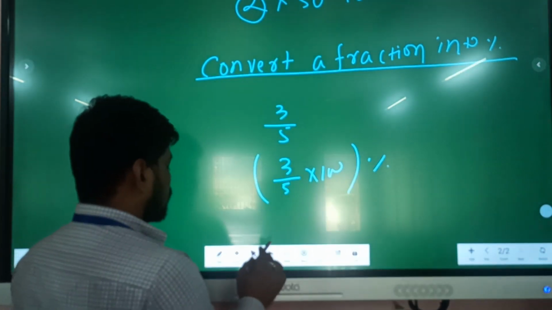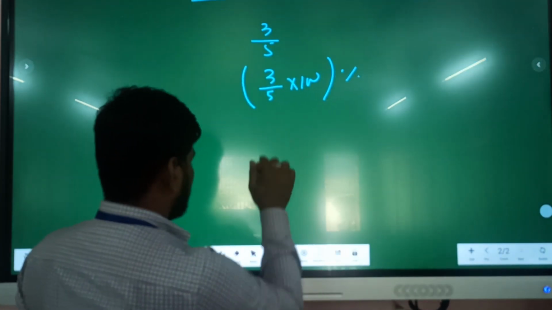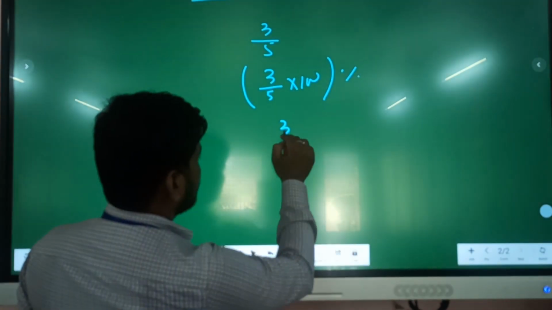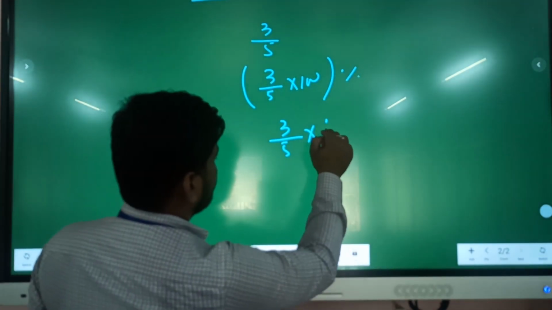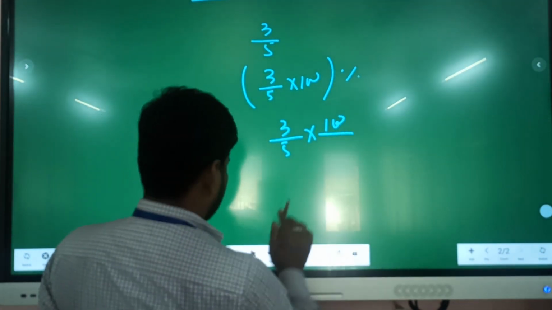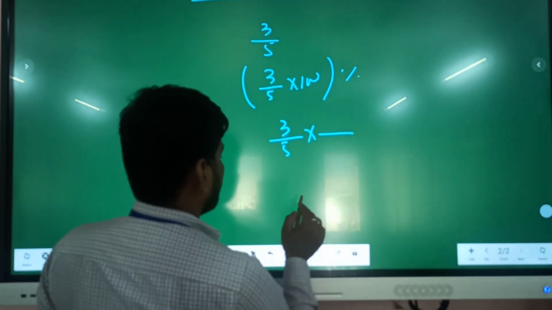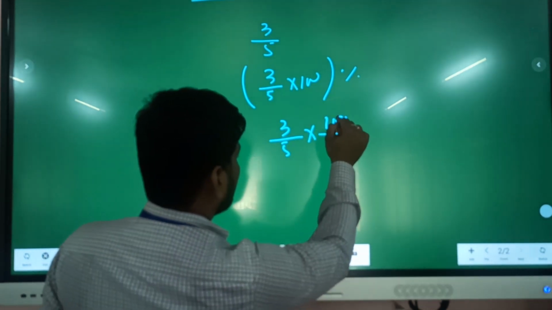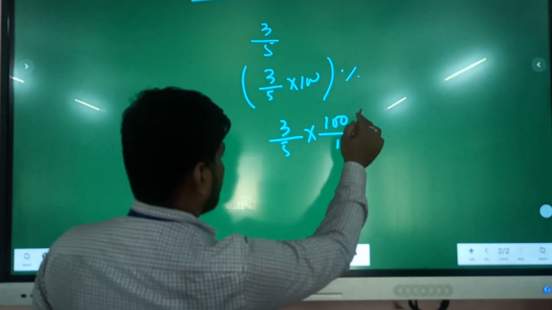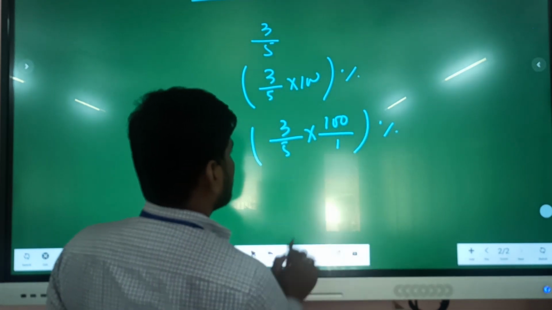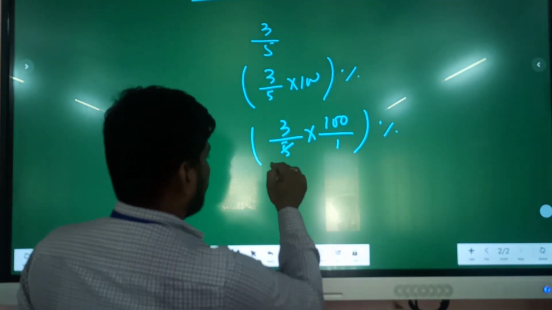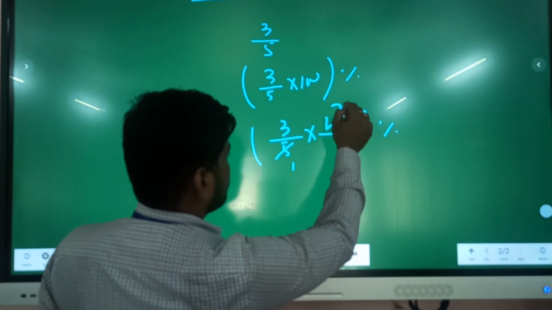So what will be the required percentage? This will be 3 upon 5 into 100 upon 1 percentage. 5 1s are 5, 5 20s are 100.